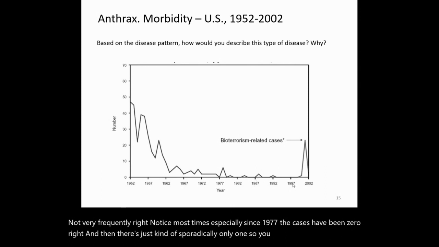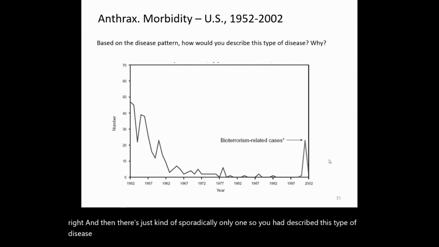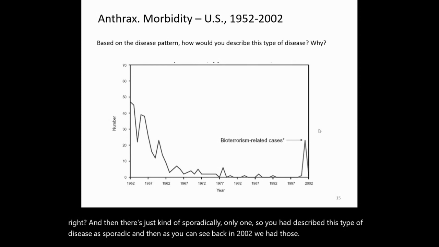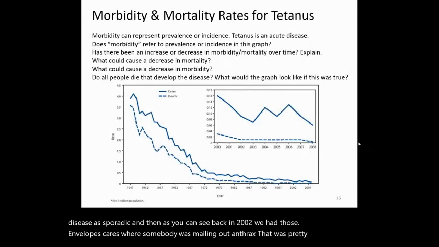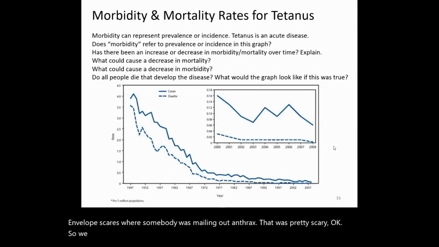So you would describe this type of disease as sporadic. And then as you can see, back in 2002, we had those envelope scares where somebody was mailing out anthrax. That was pretty scary.